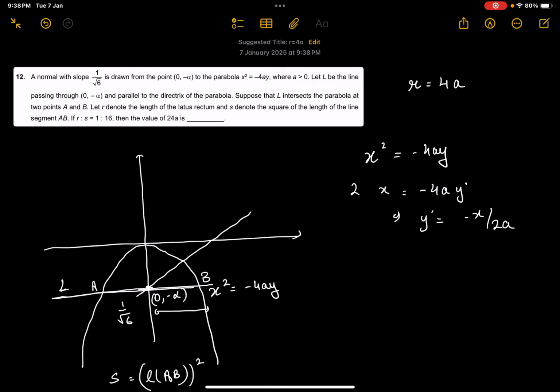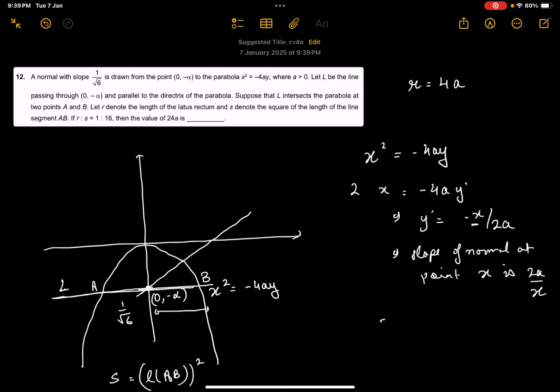So at any point of the parabola with x coordinate x, the slope of tangent is minus x by 2a, which implies the slope of normal at point x is 2a by x.